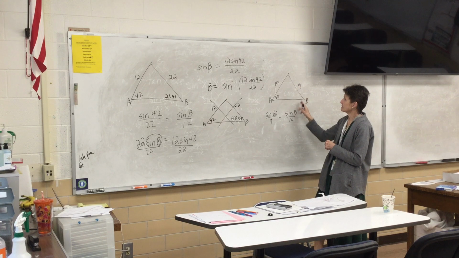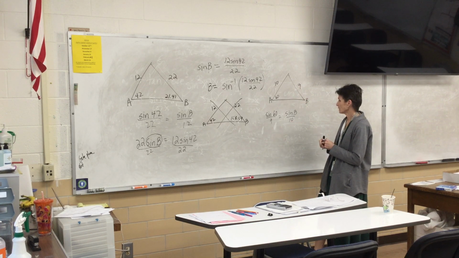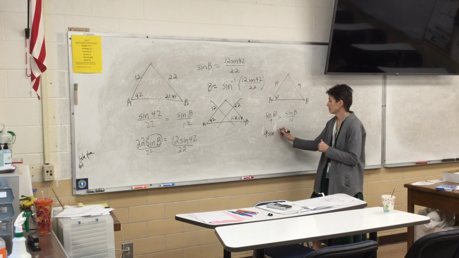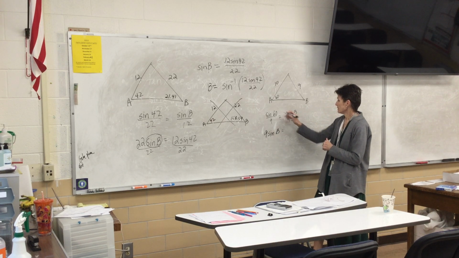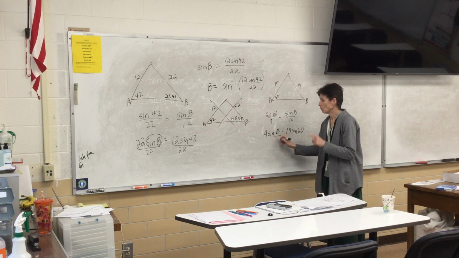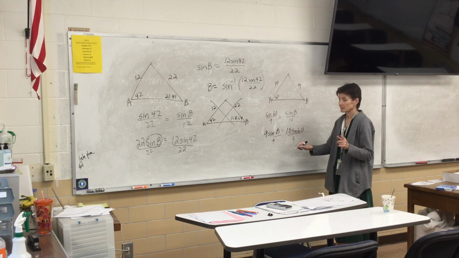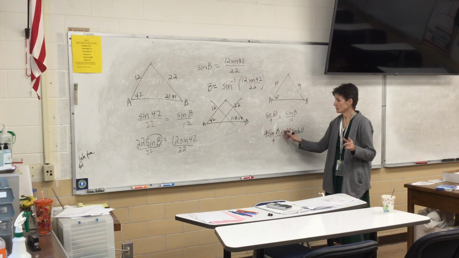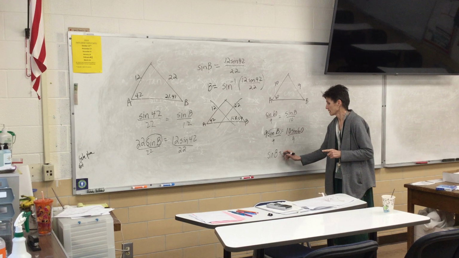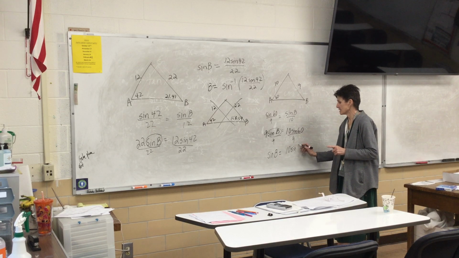Now I'm going to cross multiply, so 9 sine B equals 10 sine 60. Divide only by 9. This is a unit. So sine B equals 10 sine 60 over 9.